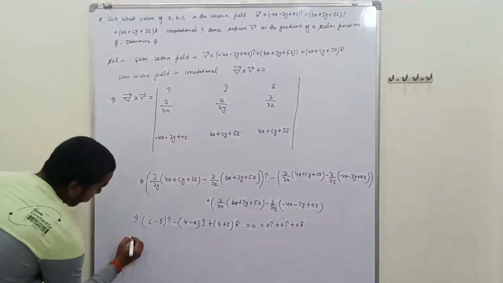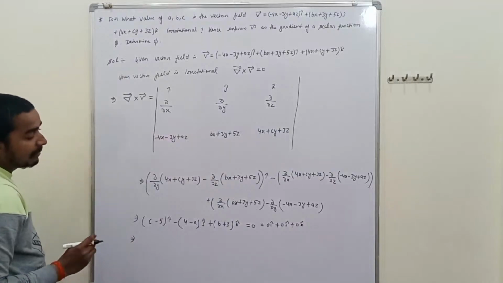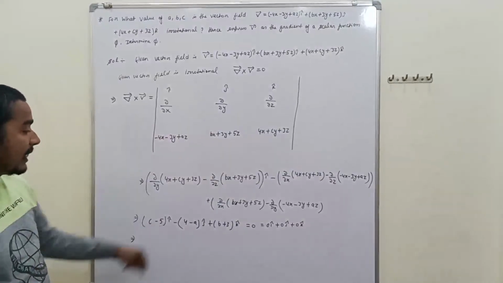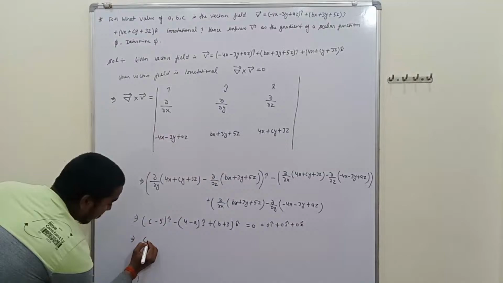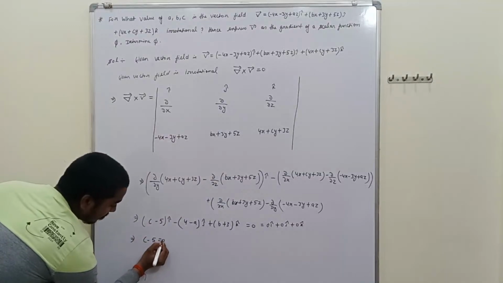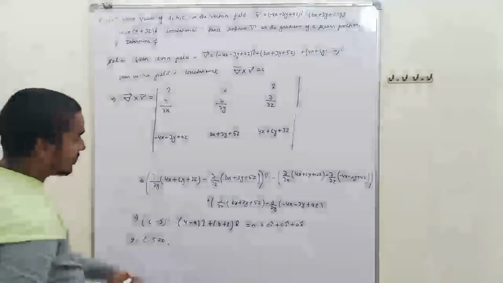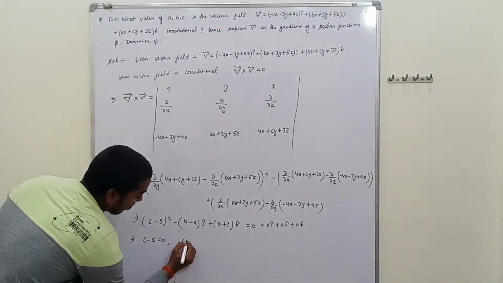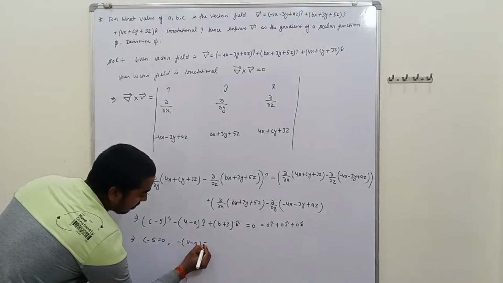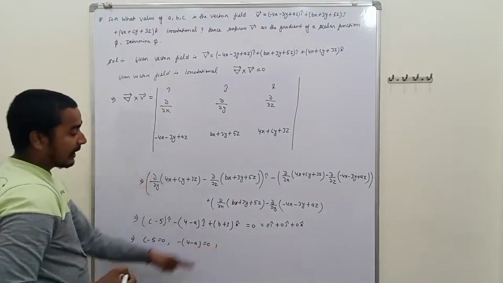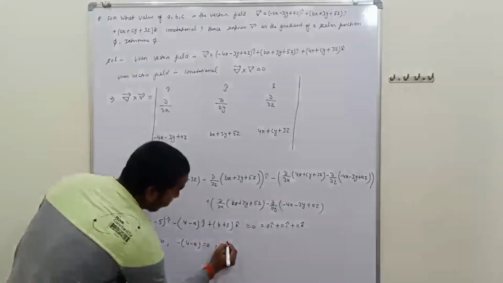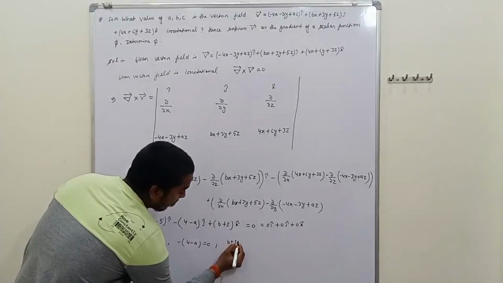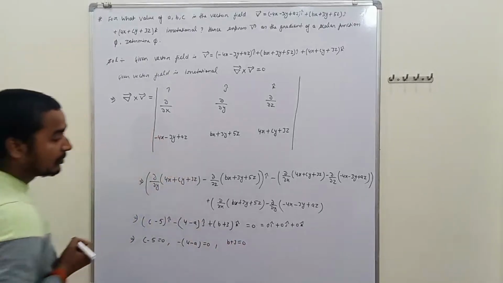First we equate the coefficient of i cap, that is c minus 5 is equal to 0, and further for j cap, that is minus 4 minus a is equal to 0, and for k cap, b plus 3 is equal to 0.